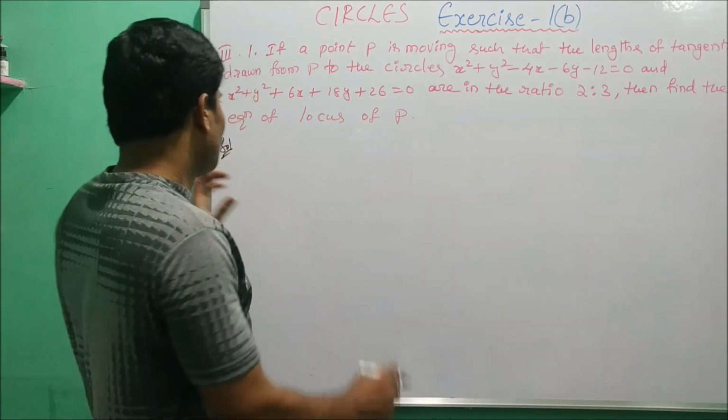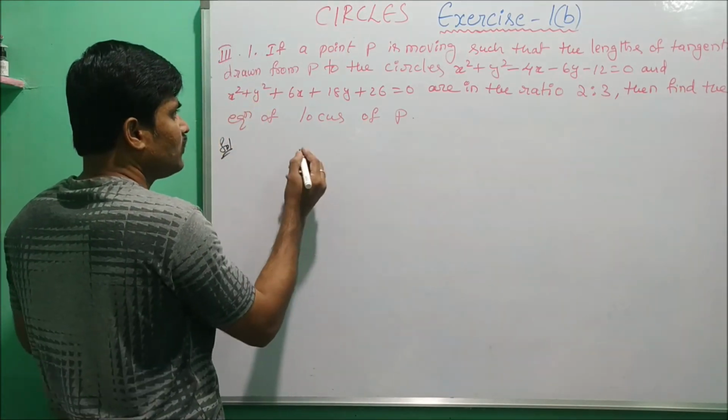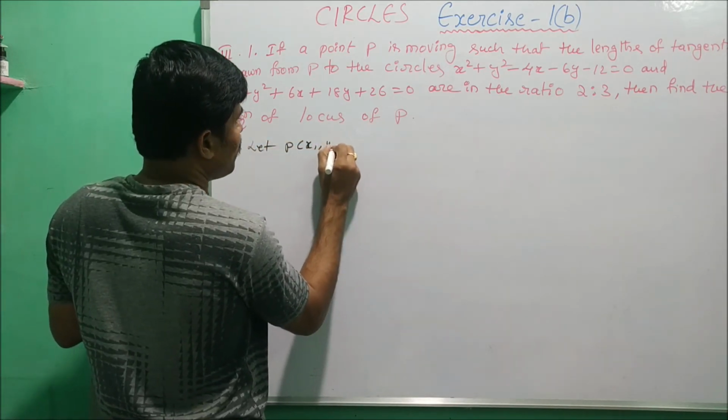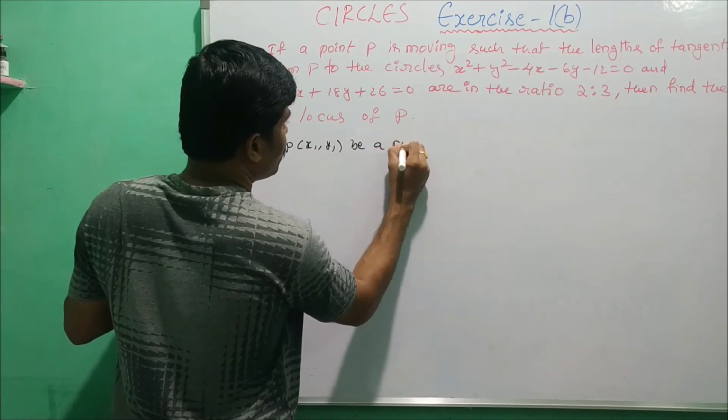So now the solution. First, let P of x1 y1 be a point on the locus.